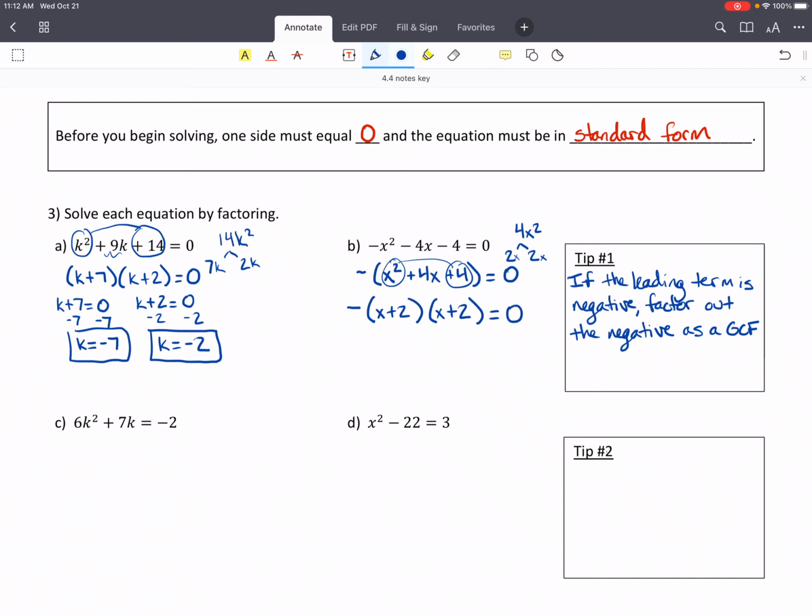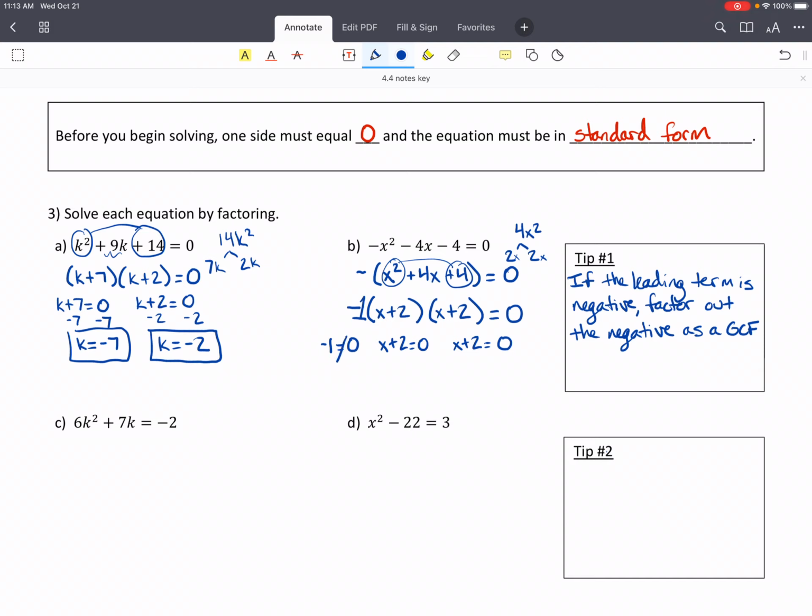And now I have all these things multiplied to be 0. So the zero product property says that one of them has to be 0. So that means either x plus 2 has to be 0, or the other x plus 2 has to be 0. Or this negative, think about this, I could also write this as like a -1. So this says that either -1 has to be 0. Is -1 equal to 0? No, it is not.